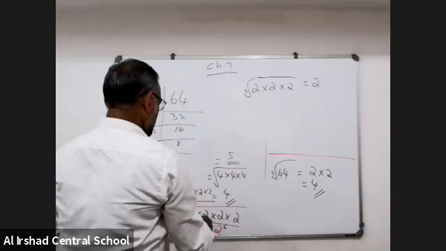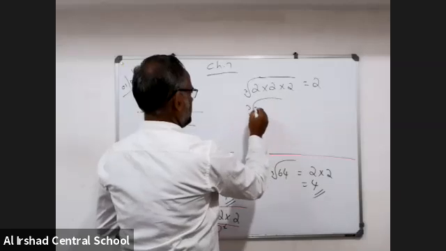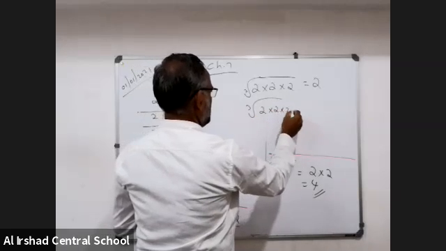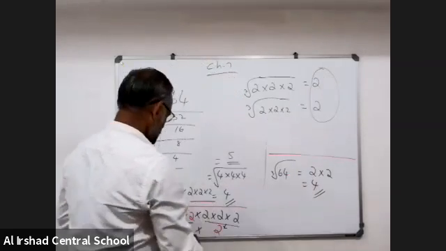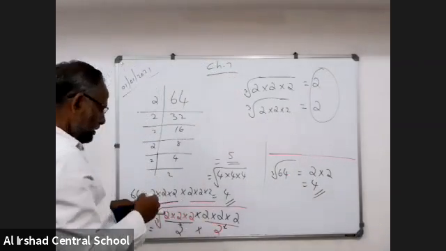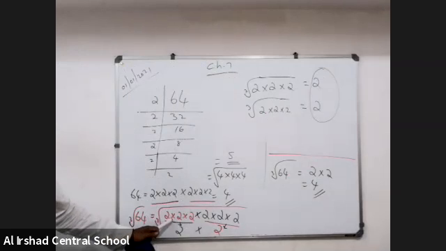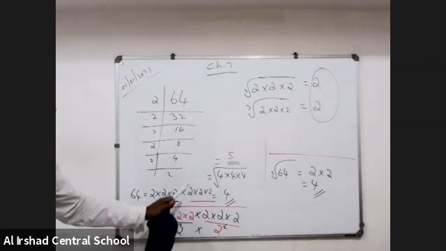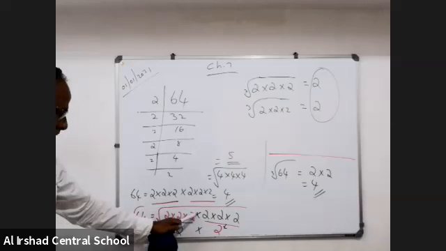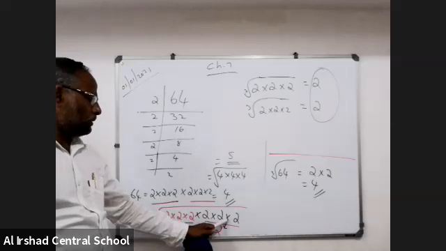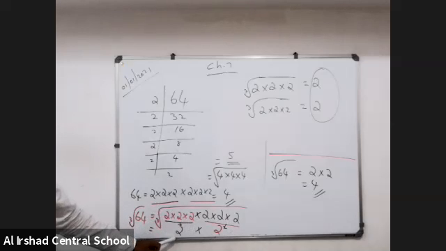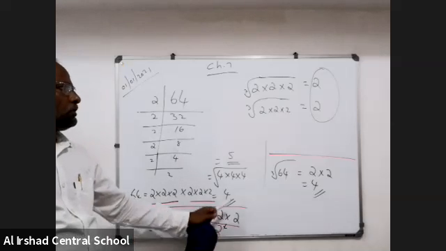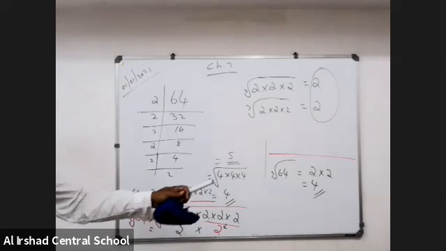Then again one more is here, cube root of 2 into 2 into 2, that is 2. So this 2 into 2, that means 4.